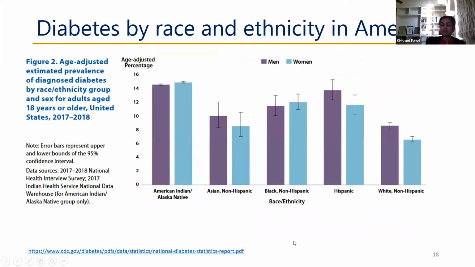In the United States, if we were to extrapolate some of that information, we know that each racial and ethnic minority group in the United States has a higher prevalence of diabetes than do non-Hispanic whites. So we see this across gender, and again, this is after adjusting for age as well.